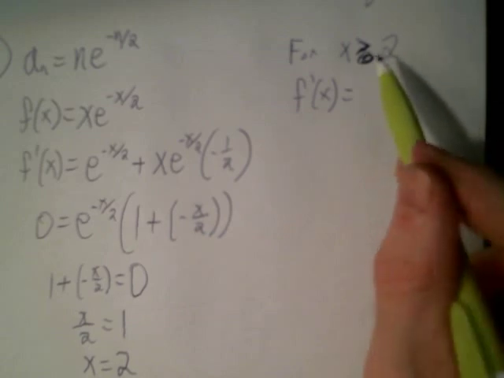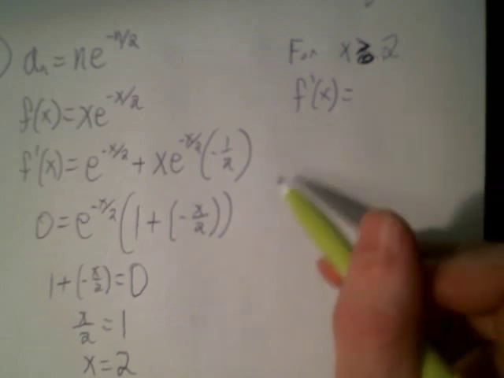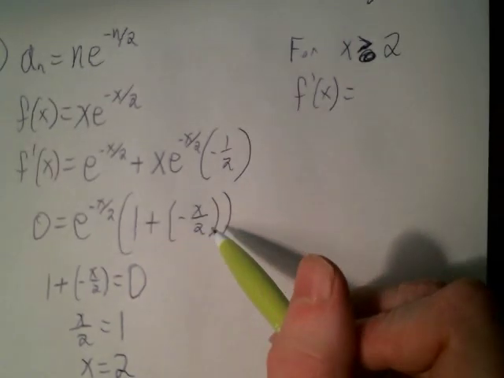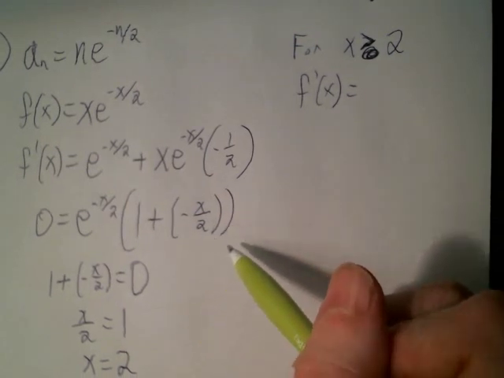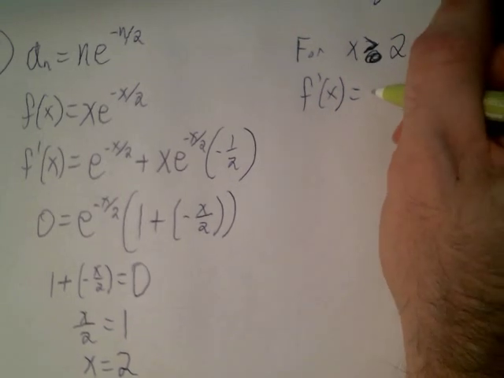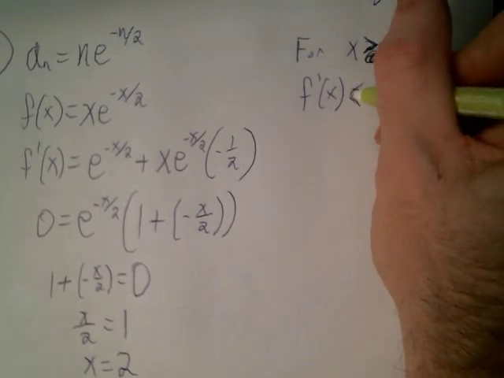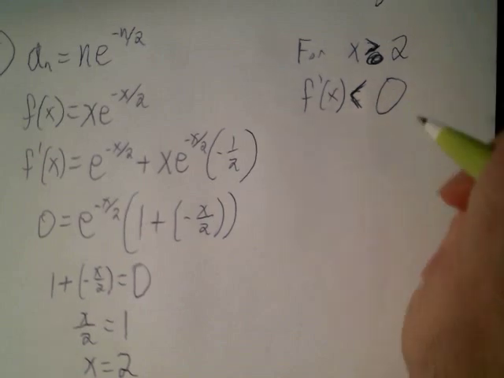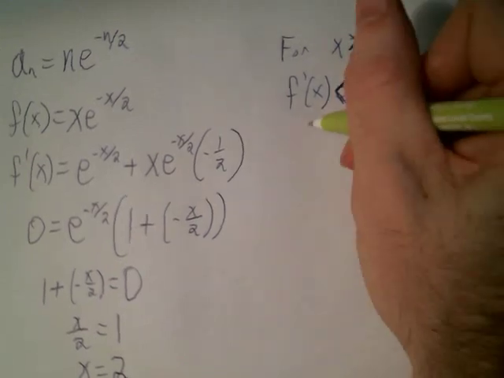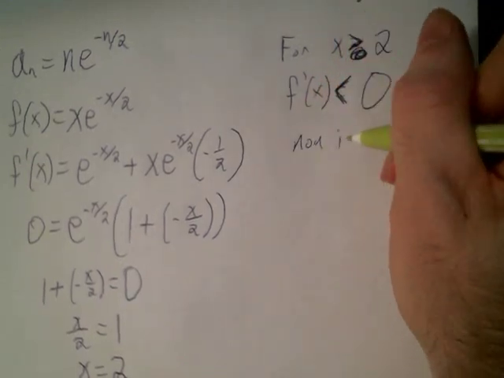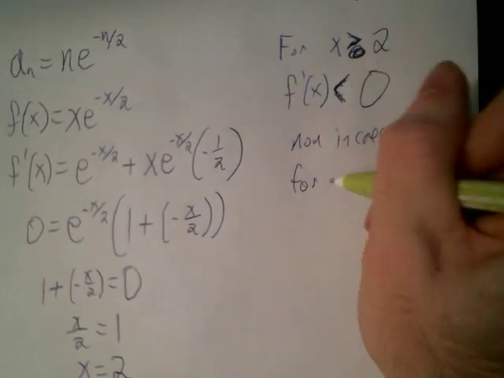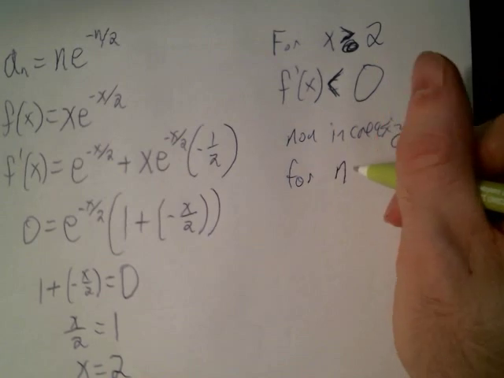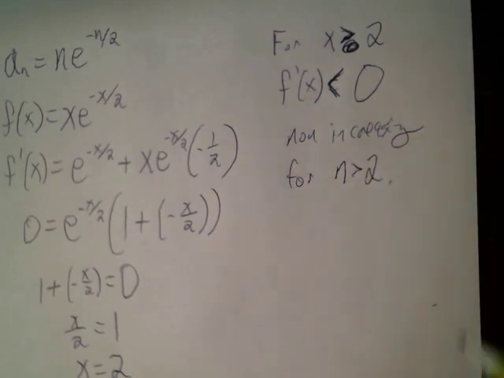So for values greater than 2, if I plug in, for instance, 3, I'll have 1 minus 3 halves. 1 minus 3 halves is 2 halves minus 3 halves, which is negative. So this derivative will be less than 0. In other words, it's decreasing. In other words, it's non-increasing for values of n greater than 2.